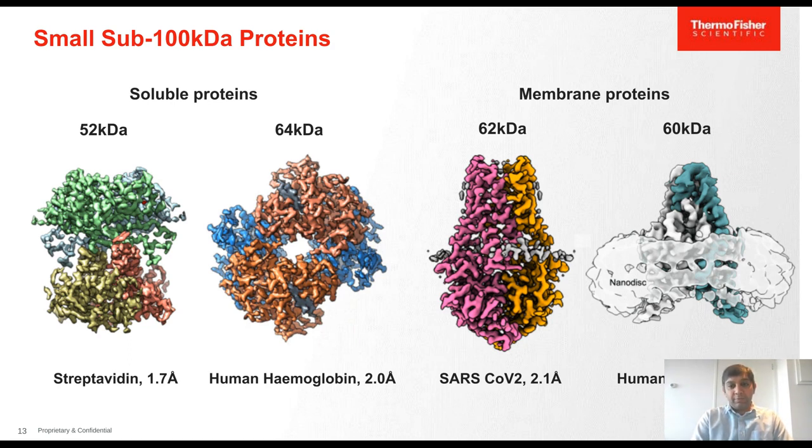Steve gave a wonderful talk and showed that even with challenging membrane proteins, because these were very flexible and very heterogeneous samples, we can push the resolution to 2.1 angstrom in the case of this 3A ion channel, as well as 2.5 angstrom for the human potassium channel. Again, showcasing what we can do nowadays, even with such small proteins and cryo-electron microscopy.